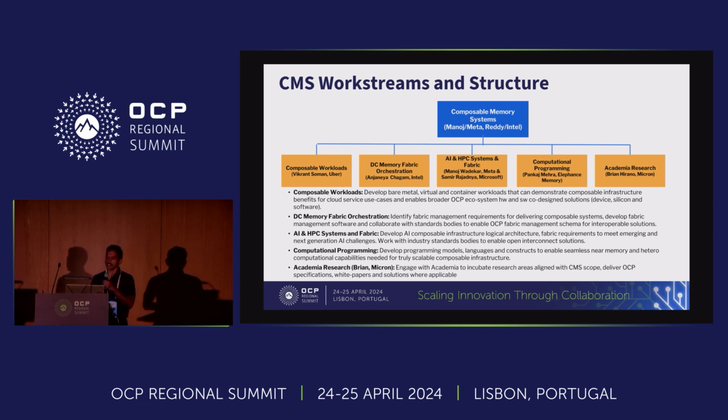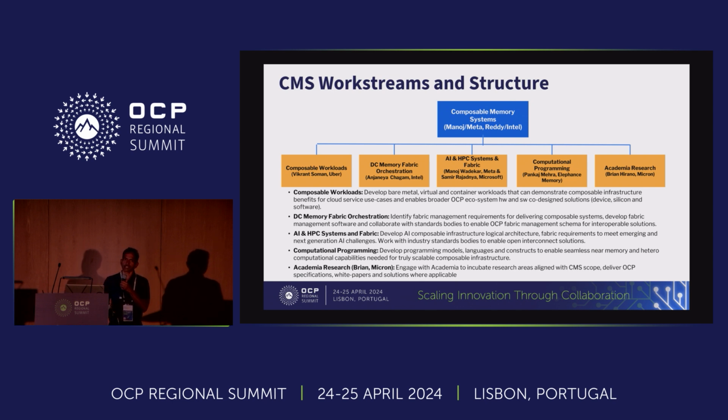And then the computational programming is fairly emerging. Essentially, you might have heard about near memory computing, computational storage that SNIA has been driving for quite some time. We needed to do something similar for memory as well. Essentially look at how do we have the compute element closer to memory as opposed to farther away from the memory.